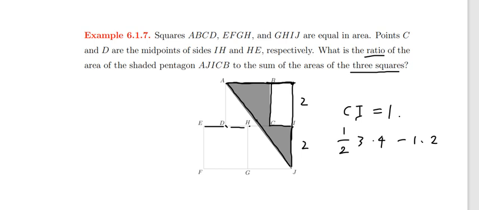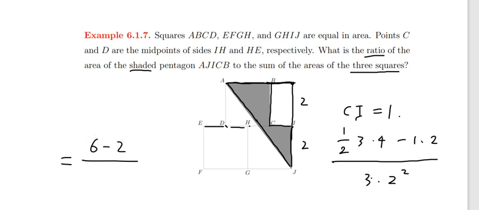This is the shaded pentagon, over the sum of the areas of the 3 squares, which is 3 times 2 squared. So the ratio is (6 minus 2) over (3 times 4), which equals 4 over 12, so it is 1 over 3.